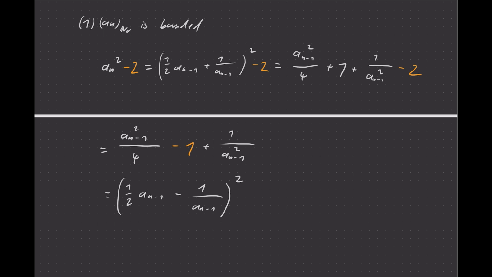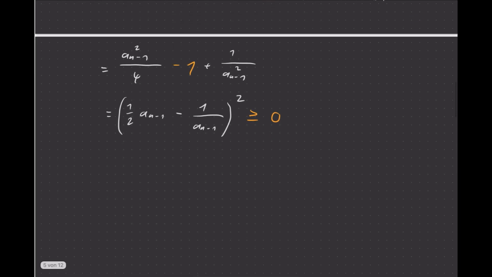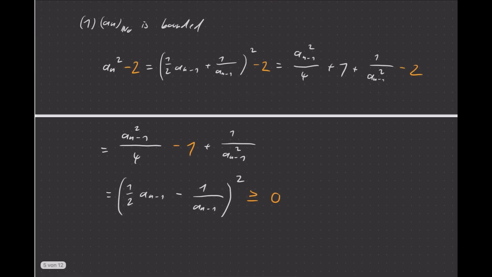So what does that mean? Well, this is a square of something, so that is sure to be non-negative. And what do we get from that? Well, if we have a look at the beginning and at the end, we can see that this means a_n squared minus 2 is non-negative.